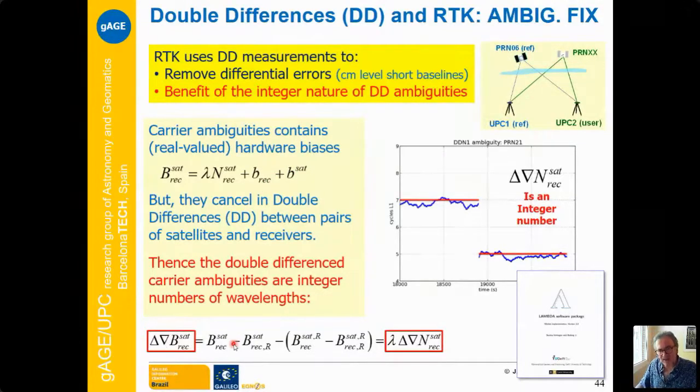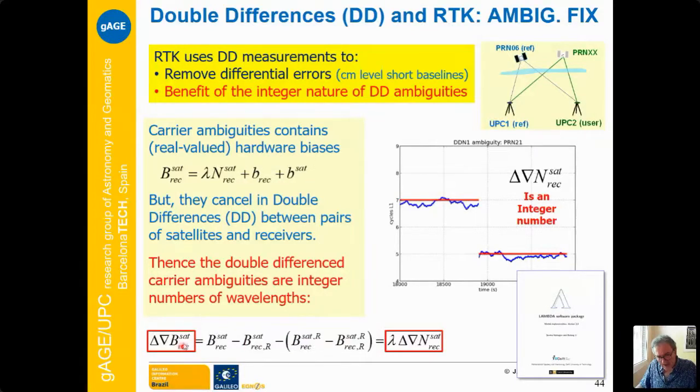Then taking differences between receivers, we remove the common term, the hardware bias that depends on the satellite, and taking differences between satellites, we remove the common term for the satellite, which is the hardware bias for the receiver. Then in double differences between receivers and satellites, we remove these terms.